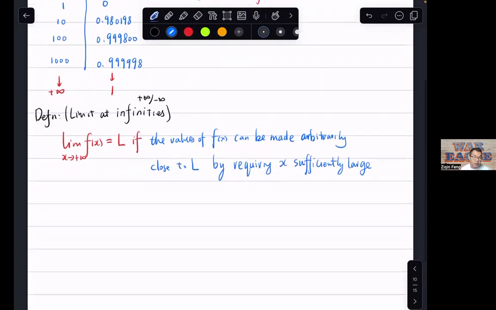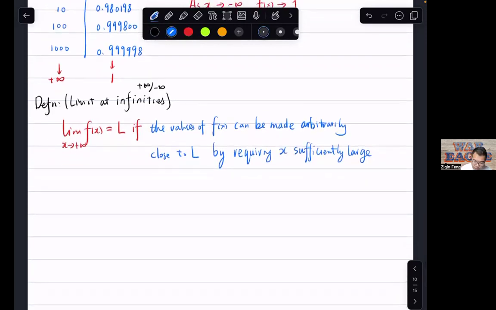There are lots of similar definitions. You can define the meaning of as x goes to negative infinity, f of x equals L. Or you can define the meaning of x goes to positive infinity, f of x equals positive infinity or negative infinity.